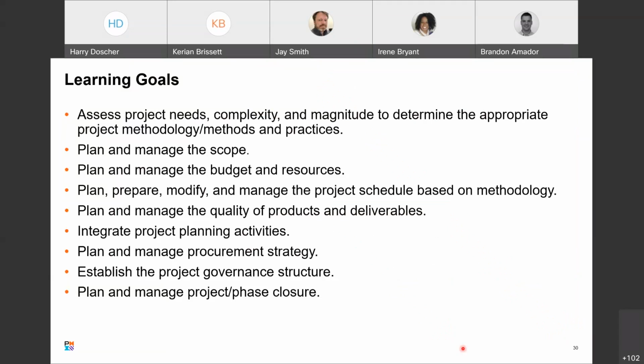Plan and manage scope, plan and manage the budget and resources, plan, prepare, modify, and manage the project schedule based on your methodology, plan and manage the quality of products and deliverables, integrate project planning activities, plan and manage procurement strategy, establish the project governance structure, plan and manage project and phase closure. So these are the learning goals for this entire phase.